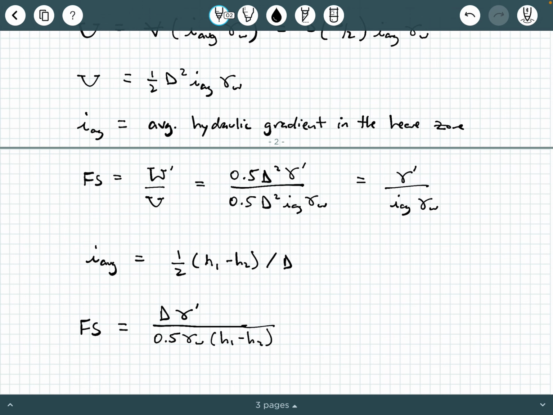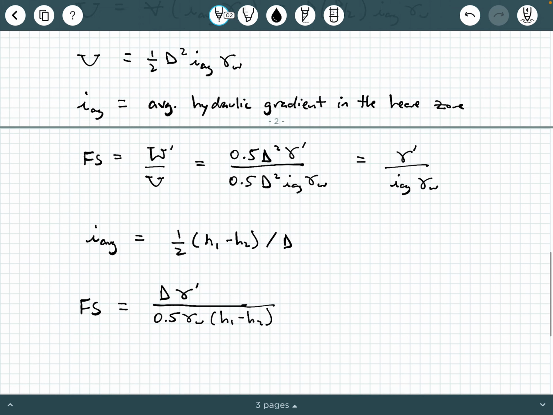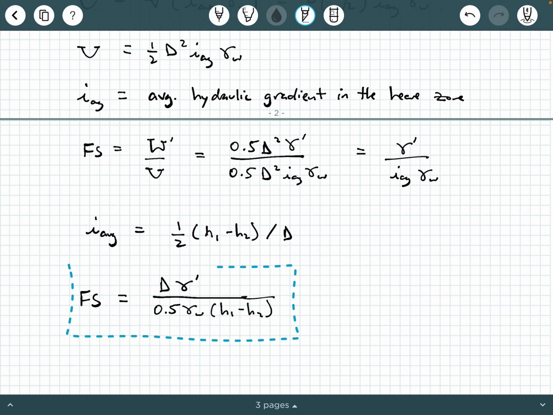Okay, and so we have this kind of factor of safety term here that we can use. Now, there's been some other researchers that came after Terzaghi that kind of furthered this field of study, and they came up with some different coefficient terms that can be substituted in to this denominator here.